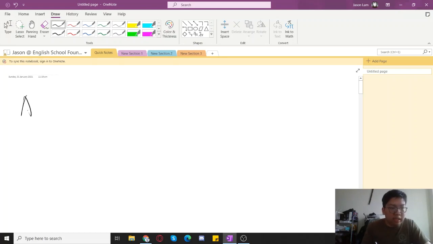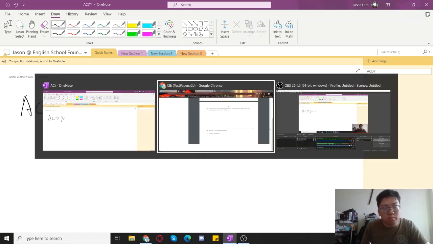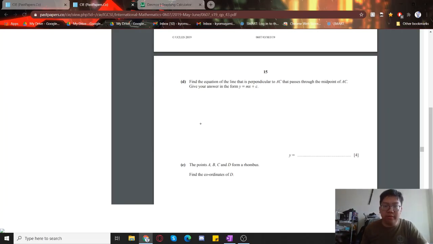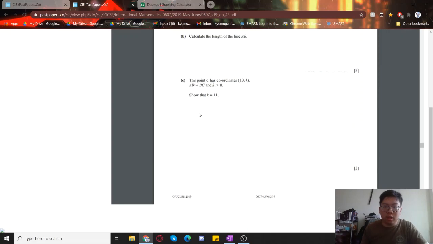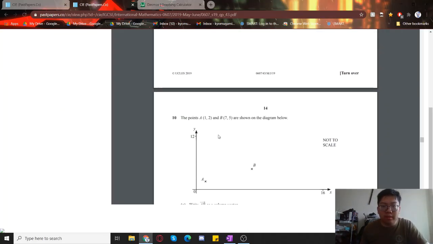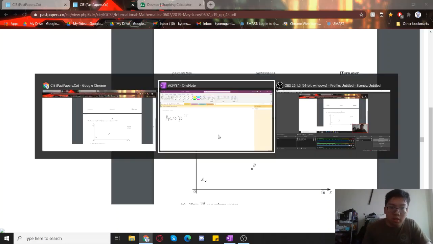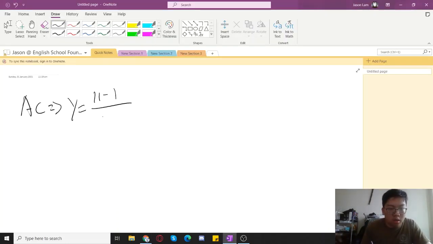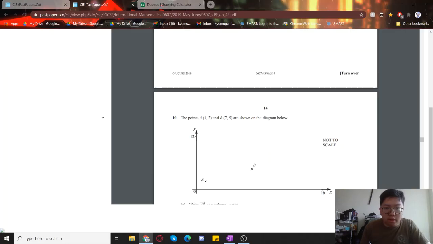So, AC equals... So let's find the gradient first. So that's 11 minus what? What's the current y? 1. What's the other one? What's it called?